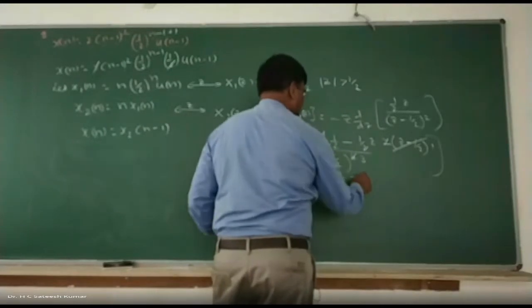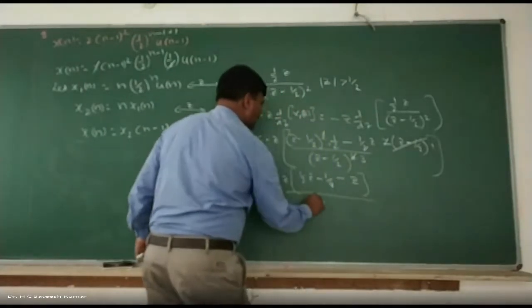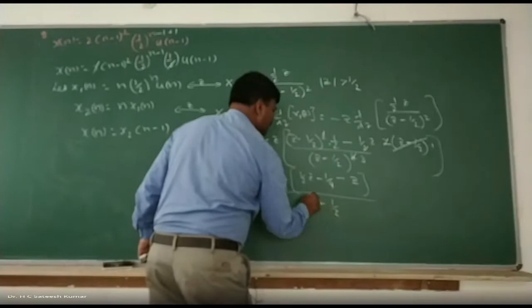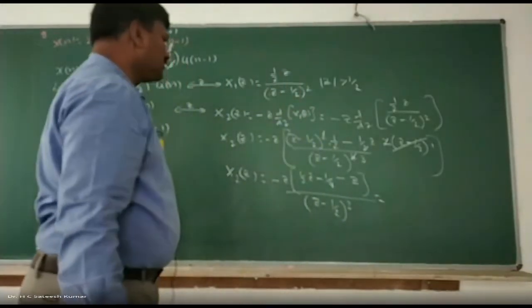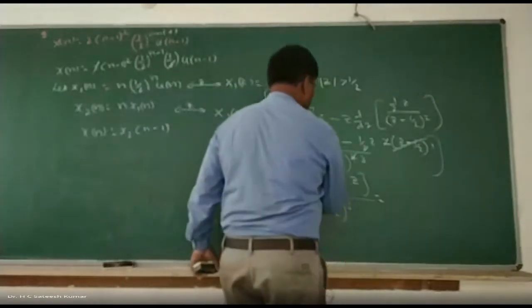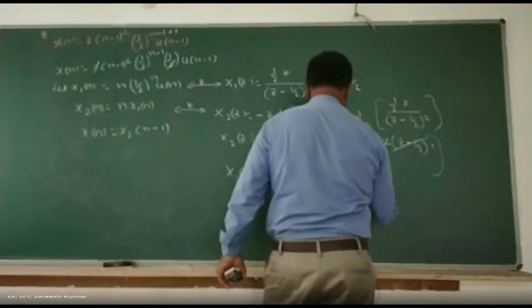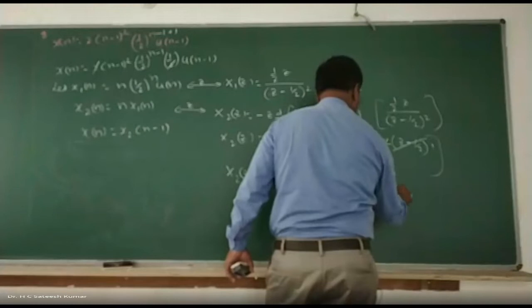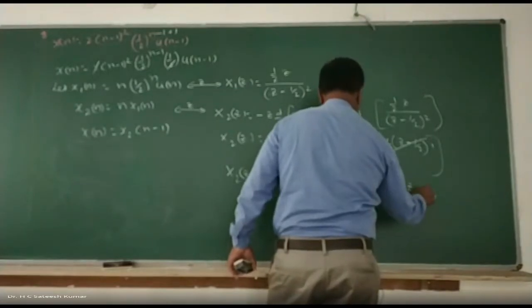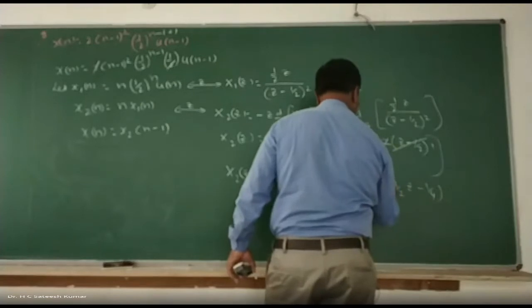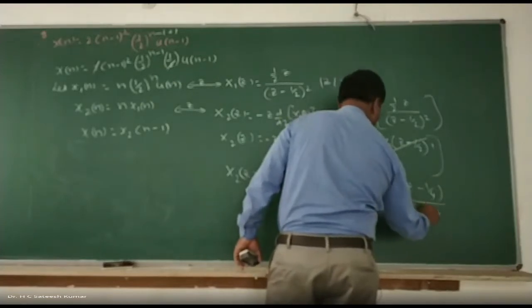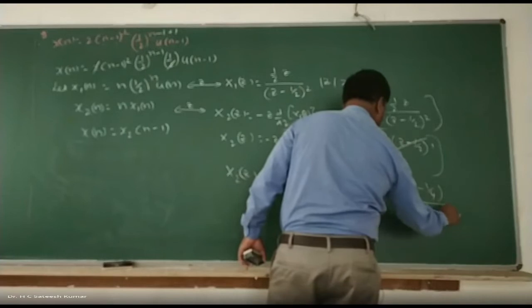Minus z divided by z minus half whole cube, which is nothing but half z minus z is minus half z, so minus half z minus 1 by 4 multiplied by minus z divided by z minus half whole cube.